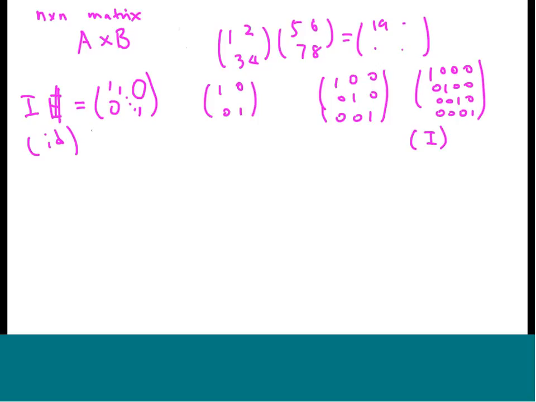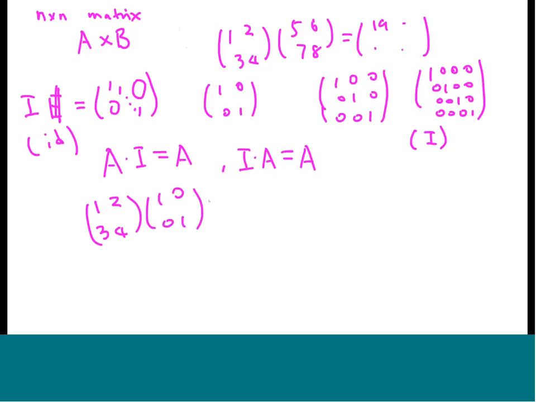So the thing is that A times I equals A. I times A always equals A, no matter what A is. You get that? For example, 1, 2, 3, 4 times 1, 0, 0, 1.